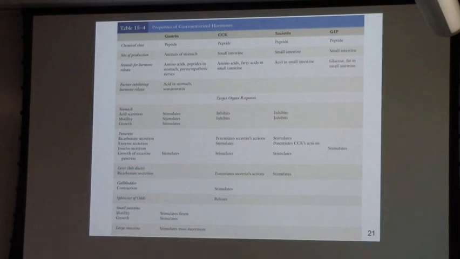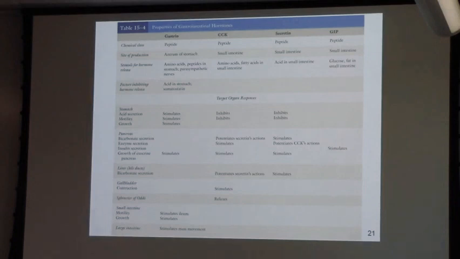For most of us, the growth of the stomach is not something that happens anymore. And it's going to have some effects on the pancreas and on the small intestine that we'll talk about when we get there. So gastrin isn't just affecting the stomach, but we'll talk about that when we get to that part of the digestive tract.